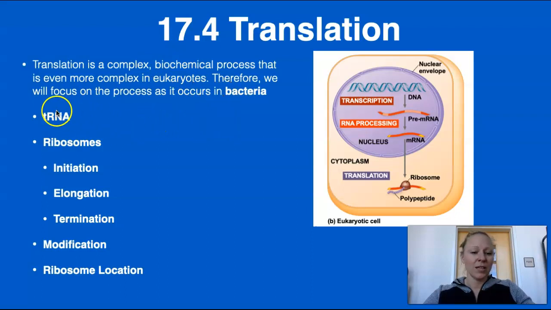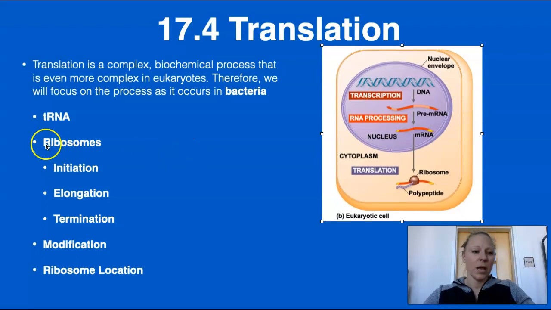So what I've done here is I've broken it up into sections so that we can wrap our head around it. First we'll talk about transfer RNA, or tRNA. Then we're going to be talking about ribosomes. And then the process of translation, which is broken up into three parts: initiation, elongation, termination.